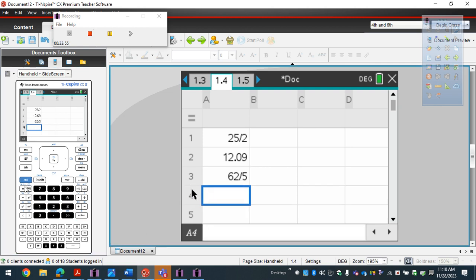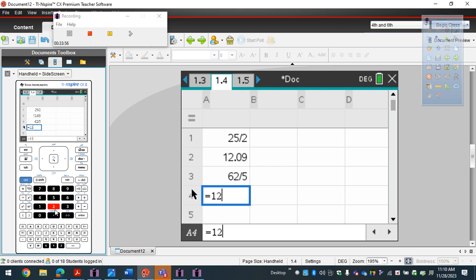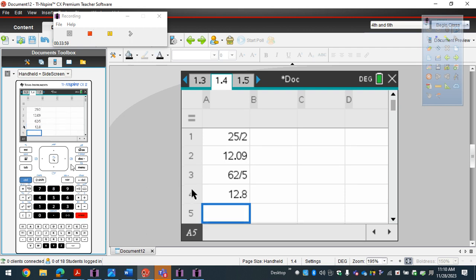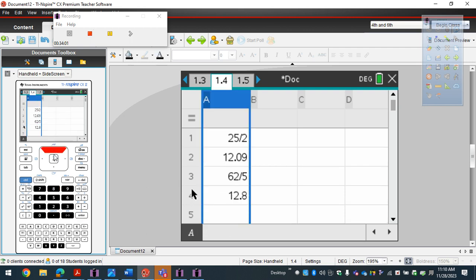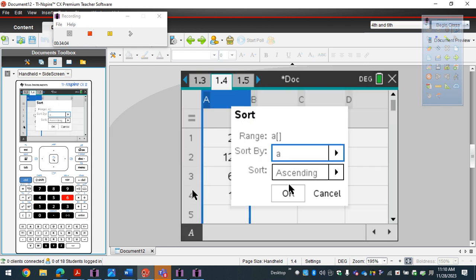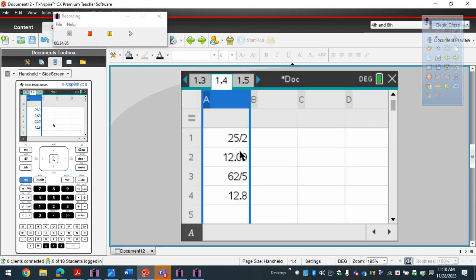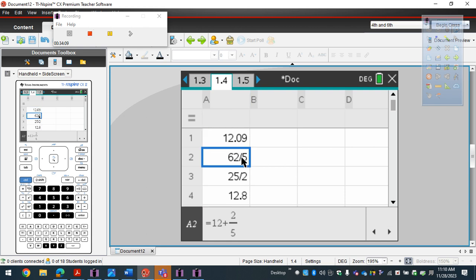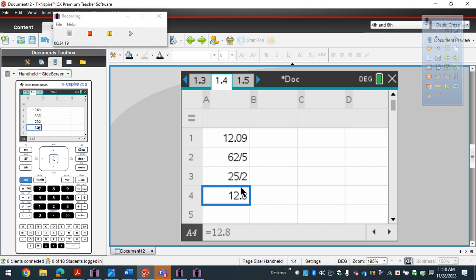And then equals 12.8. Now let's just hide everything, and I go to menu, 1, 6. Okay, so that one's first, and then 12 and a fourth, and 12.4, and 12.5.